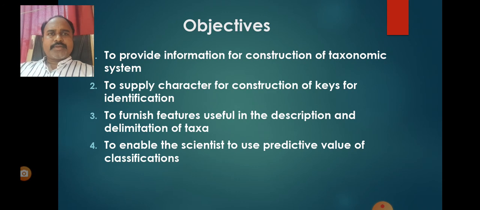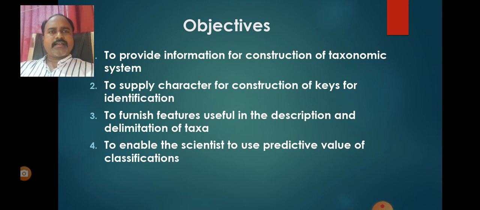The third objective is to furnish features useful in the description and delimitation of taxa. Furnishing means selecting particular characteristics for comparison. It should not be a variable character, it should be a standard character.